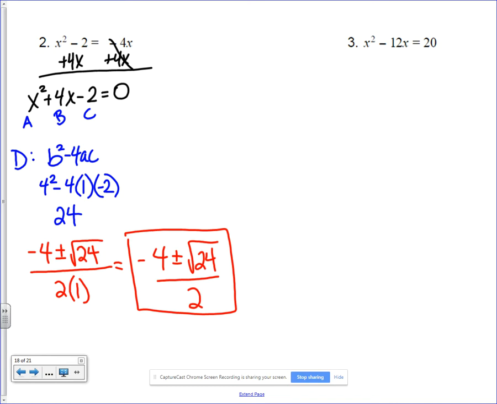Go ahead. When you get your discriminant, let me check it, please. Looks like you're getting it in the right order first, which is perfect.